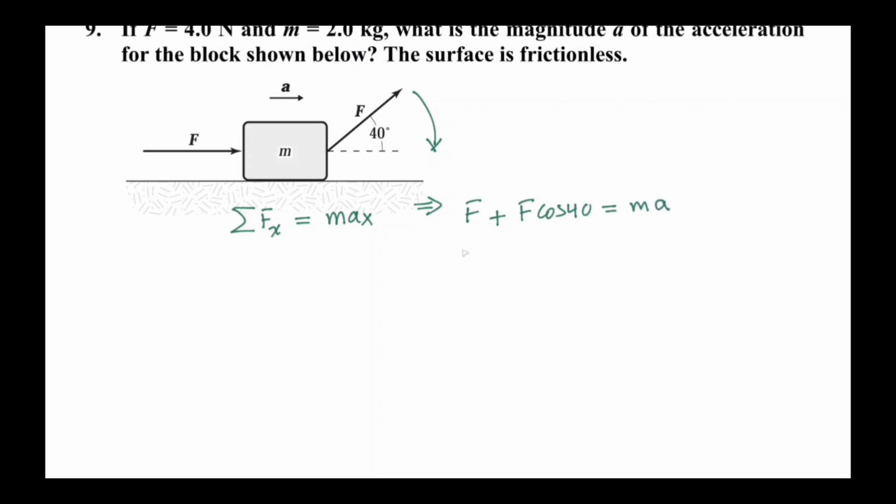You substitute numbers, F equals 4, plus 4 cosine 40, equal to 2AX, and you simplify this one and you will find A equals 3.5 meters per second squared, and it's in the positive X axis.